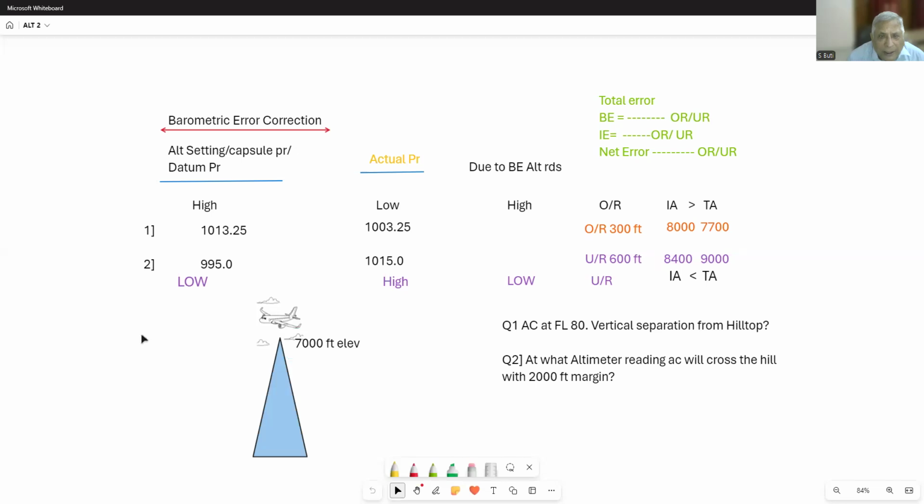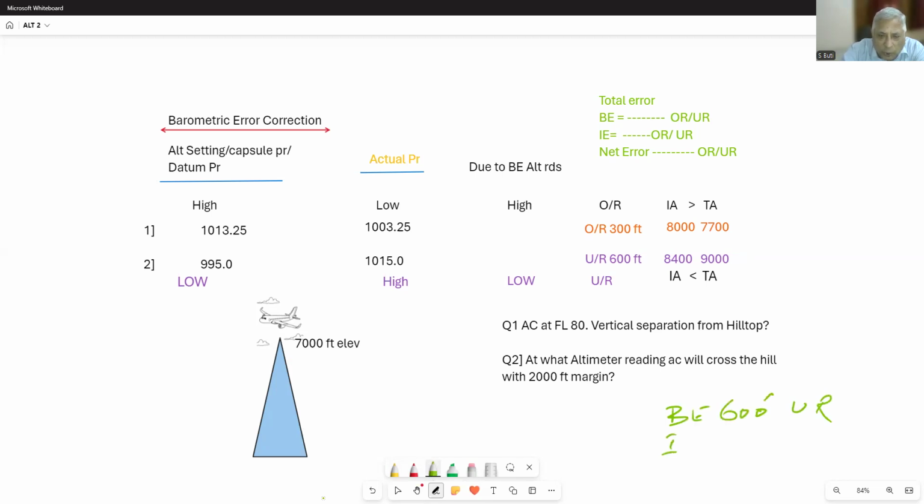Now here, in this case, my altimeter, due to barometric error, is underreading by 600 feet. So write down here 600 feet underreading.